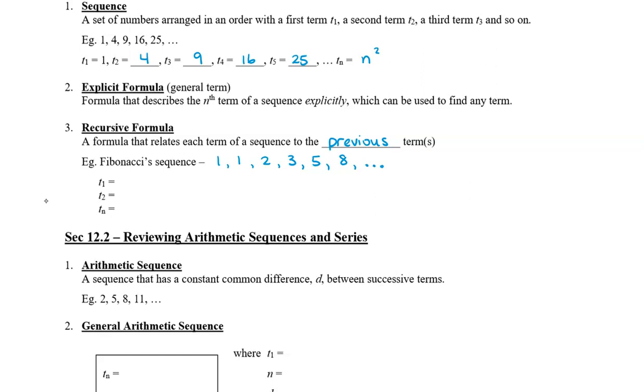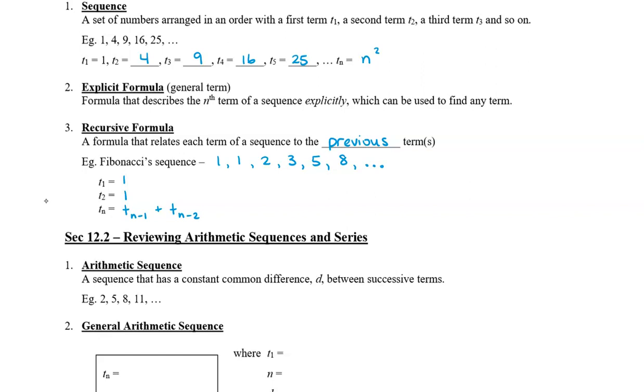So here we see that the first term is 1, and we also need the second term, which is also 1 in this case. So the nth term we can say is Tn minus 1, so we need the previous term, plus we need the second previous term before that, so plus Tn minus 2.